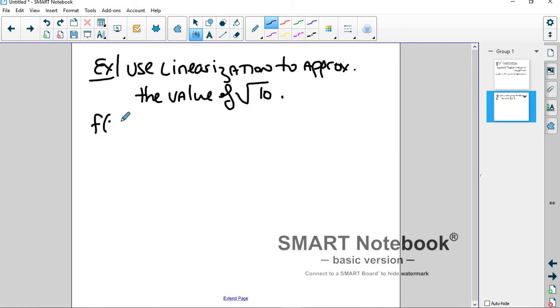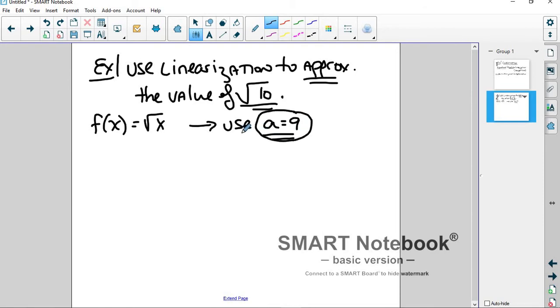Well, my function then is square root of x, and what's the closest value to the square root of 10 that you actually know? We call it an a sometimes, a equal to 9. That's going to be my place where I take the derivative and I find the tangent line at x equals 9.